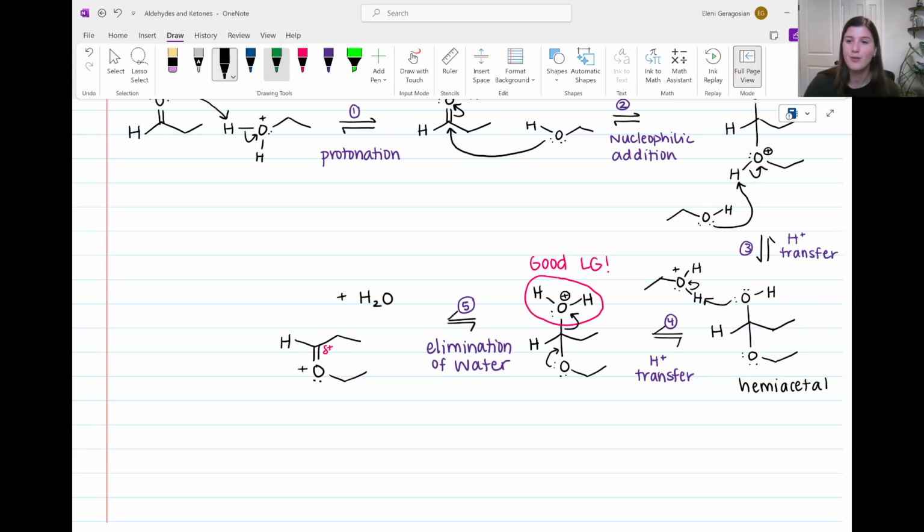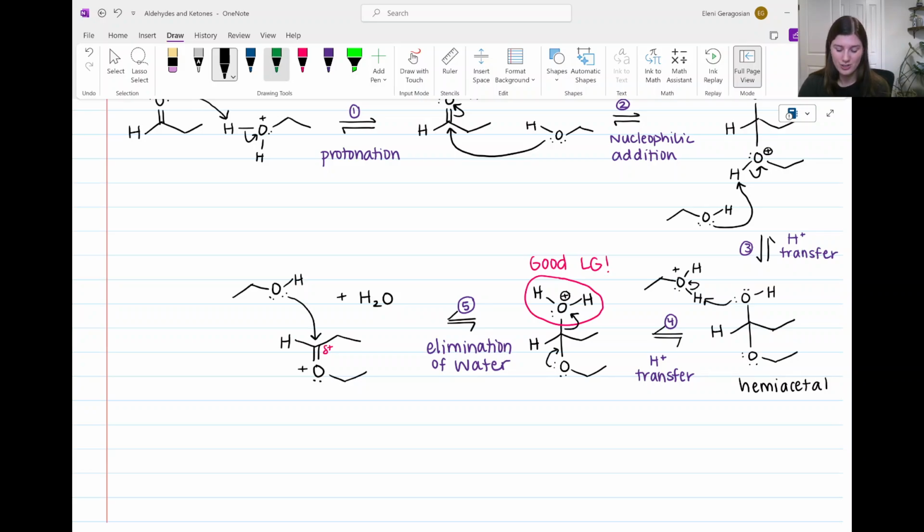Well, what other nucleophile do we have present? We have our solvent molecule present. A neutral solvent molecule is a good enough nucleophile when we have that positive oxygen bonded to a carbon. So our next step here is another nucleophilic addition reaction.